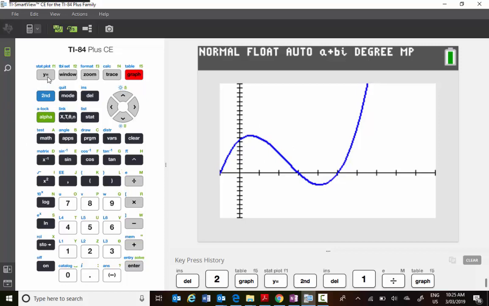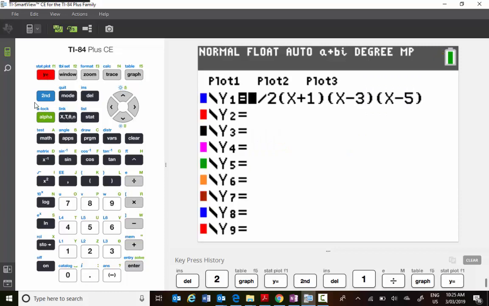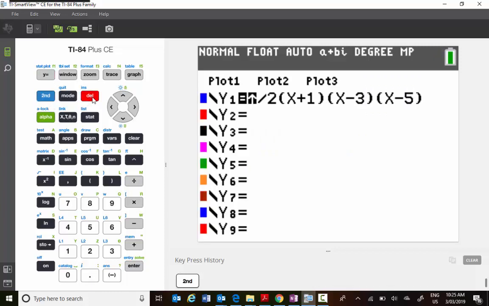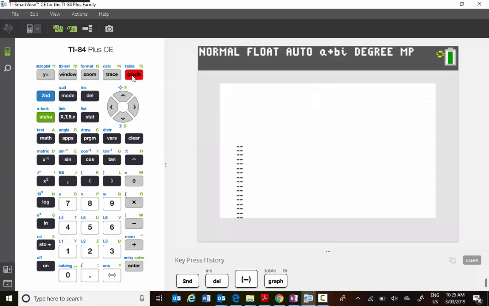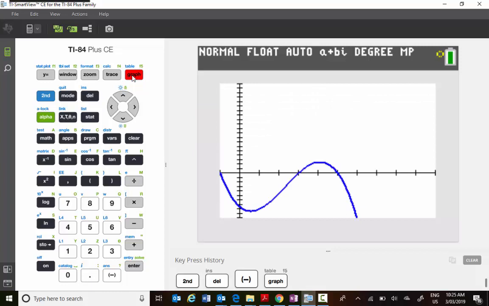All right, now what would happen, do you think, if I put a minus in there? So if I insert a minus, to make that minus a half, and graph that. Okay, it's inverted the graph. All right, changed everything from being positive to negative. So even though these points here are -1, 3 and 5, they haven't changed.